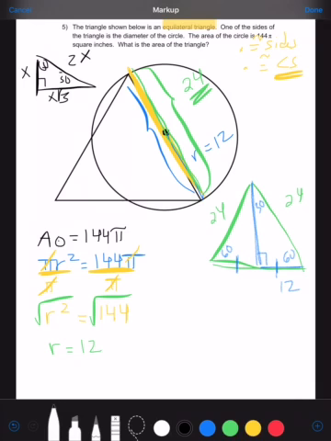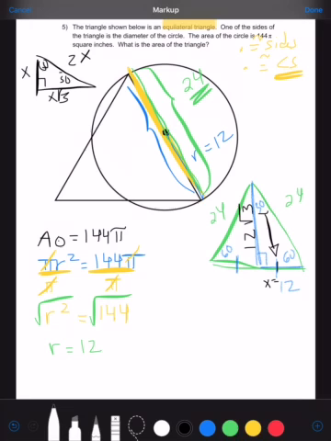The important thing is that we're reviewing it and that you are going to remember after this. So the side opposite to 30 is x, the side opposite to 60 is x square root of 3. So if x is 12, then the altitude here is going to be 12 square root of 3, right?